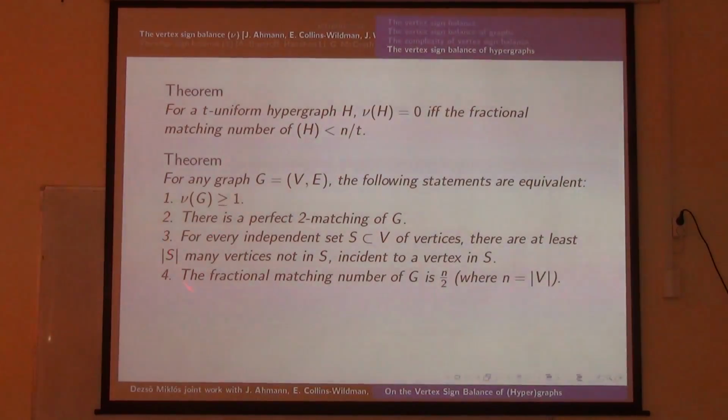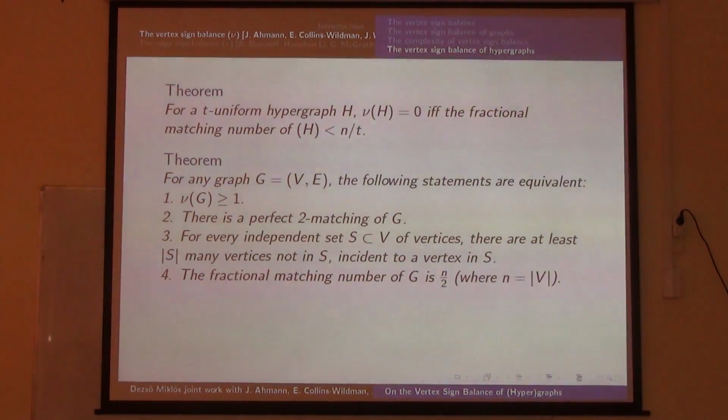Now, unfortunately, the hypergraph version of this theorem is not known. Actually, it's not completely true. So the middle two statements cannot be generalized for hypergraphs. Therefore, this kind of edge removal lemma which we have for the graphs is not available for hypergraphs.